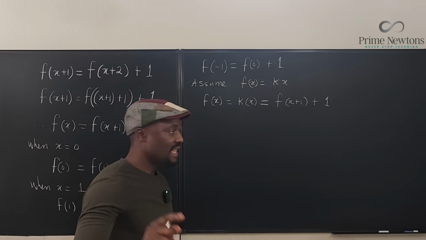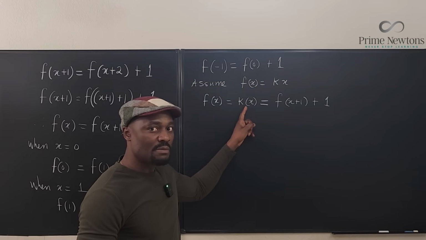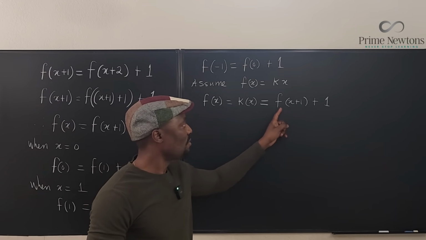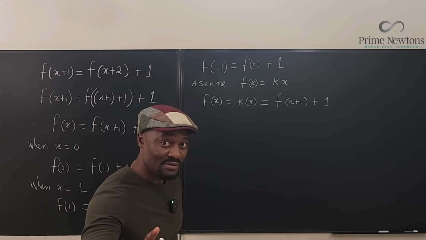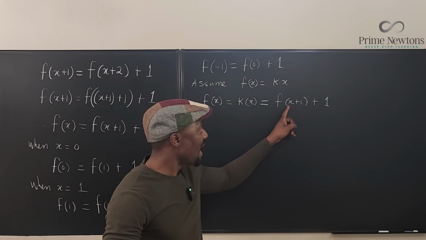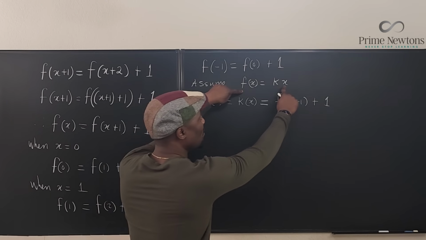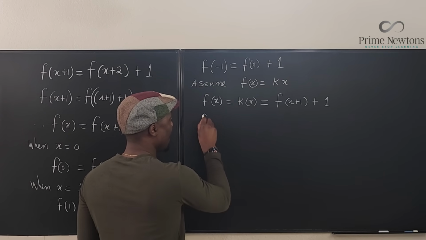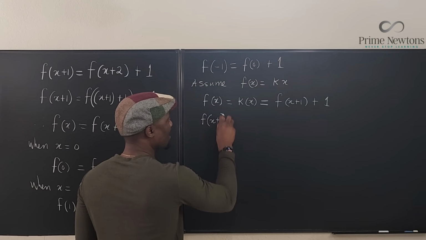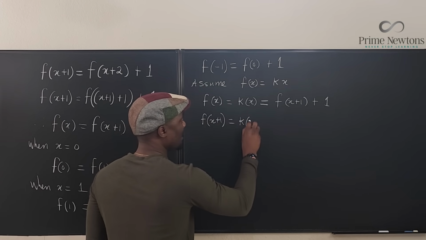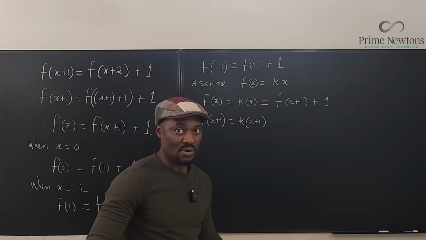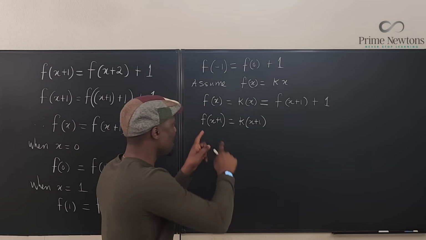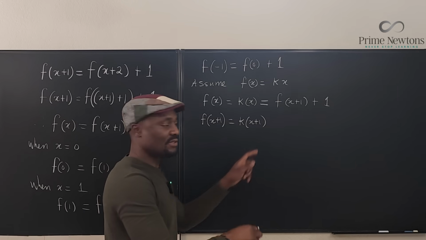By that definition, f of x plus 1 has to follow this rule. We also know that f of x plus 1 will be equal to k times x plus 1. That is, k is just multiplying the input. That's all. So what would f of x plus 1 be if we solve this?